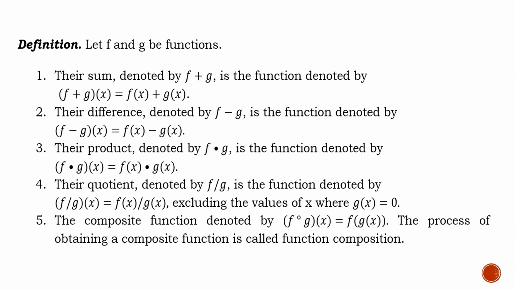For our definition, let f and g be functions. So we're going to use this f and g as our functions. For number 1, the sum, denoted by f plus g, is the function wherein (f plus g) of x is equal to f of x plus g of x.